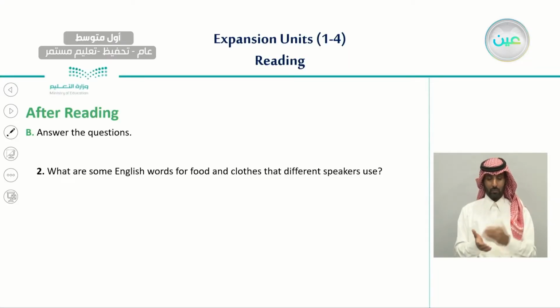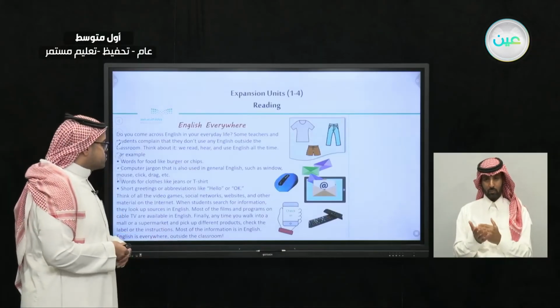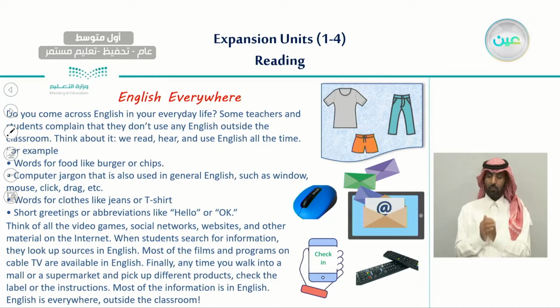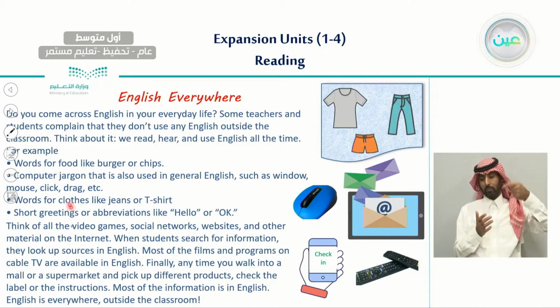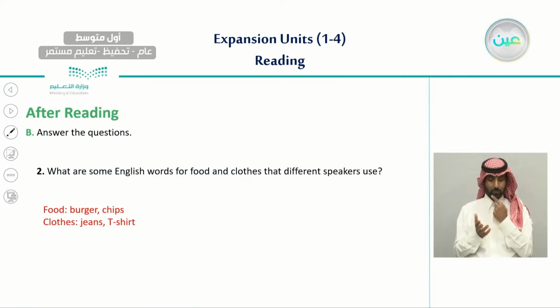Now the second question we have, what are some English words for food and clothes that different speakers use? So what are the English words that we use for food and clothes that we usually use even in Arabic? If we go back to the text, we see here that it talks about the words for food, like burger or chips, and also for clothes like jeans or t-shirt or even shorts. So we write the English words that different speakers use, such as burger, chips, ketchup.